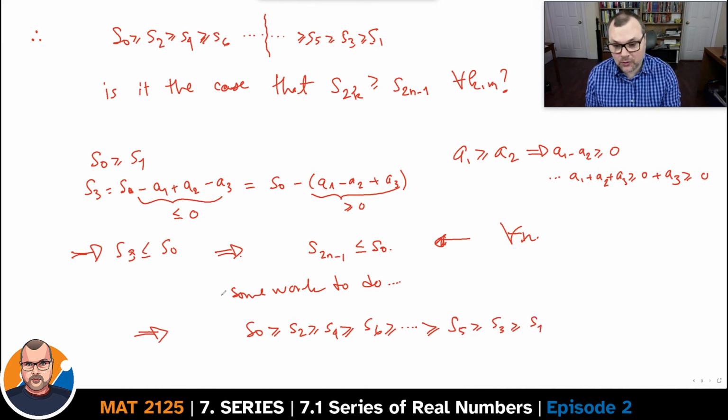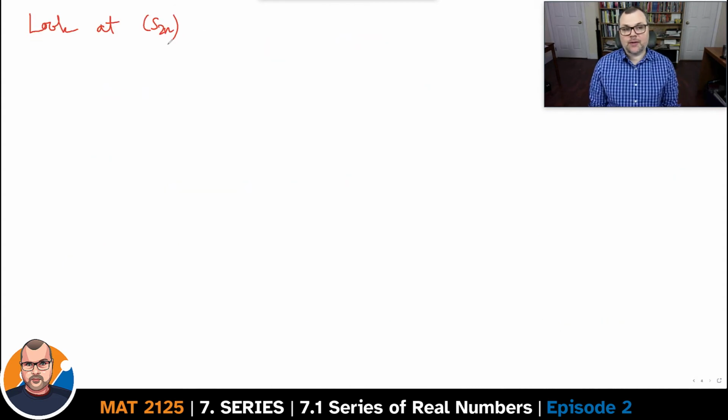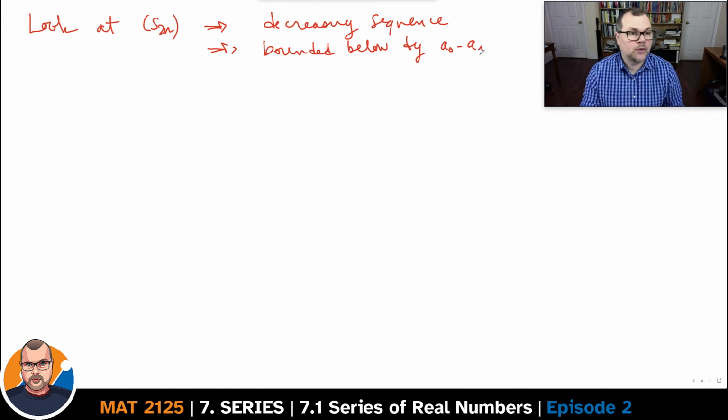Now S0, we know what it is. It's A0. S1, we also know what it is. It's A0 minus A1. So what do we have here? Well, if you look at the sequence of even numbered partial sums, we've shown here that it is a decreasing sequence, but we've also shown that it is bounded below, i.e. by A0 minus A1.